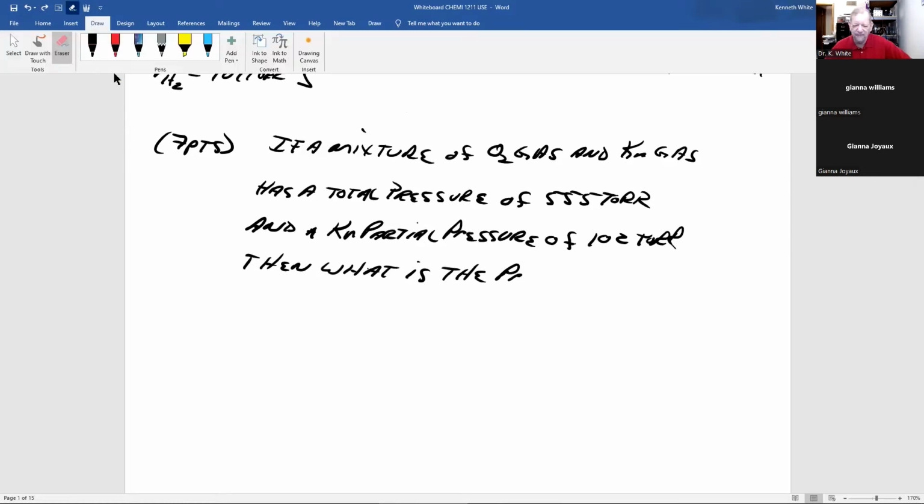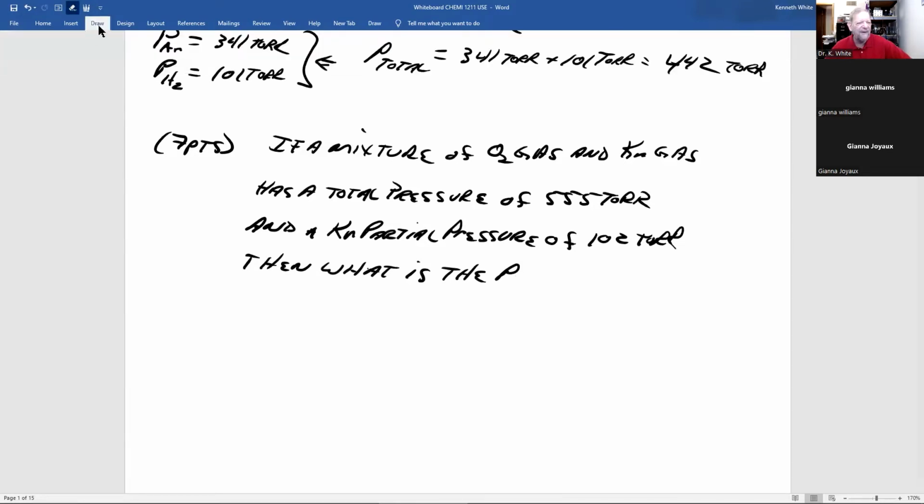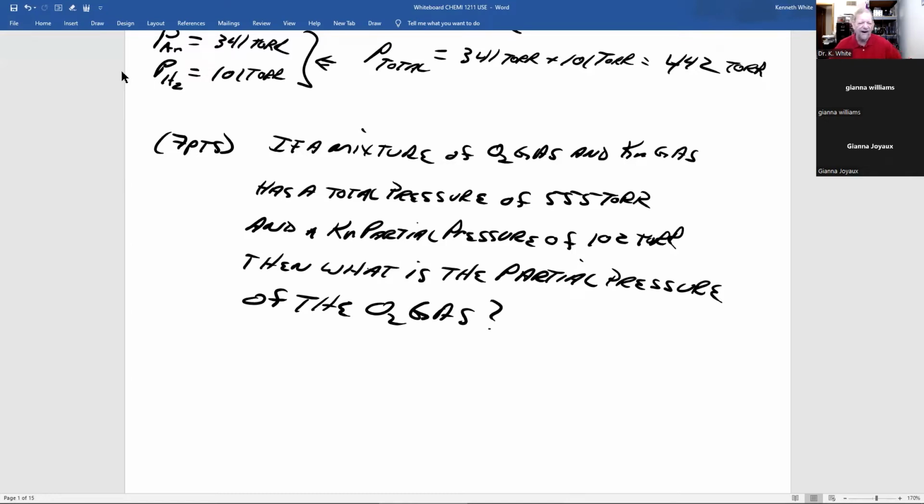All right, let me read this. A mixture of oxygen gas and krypton, remember Kr, krypton gas, has a total pressure of 555 torr.